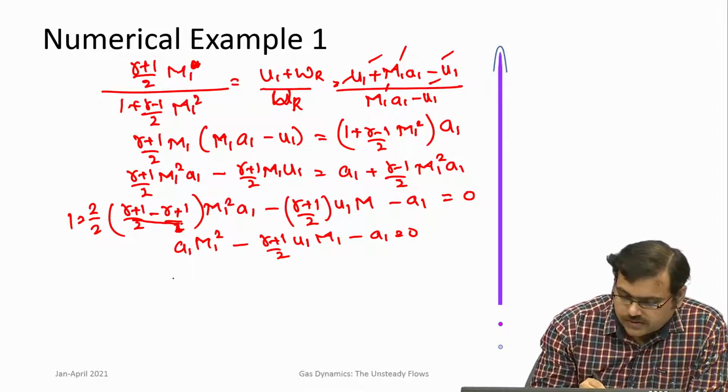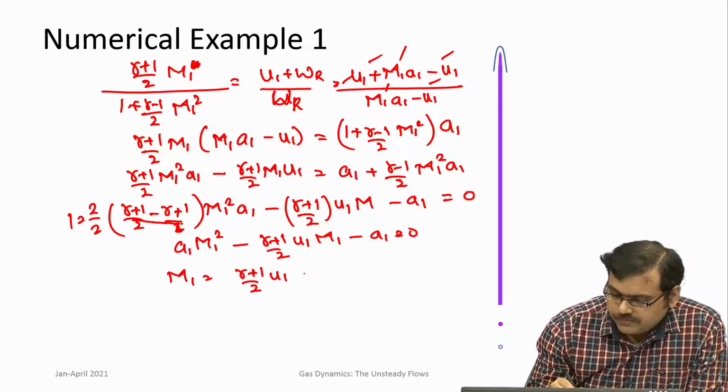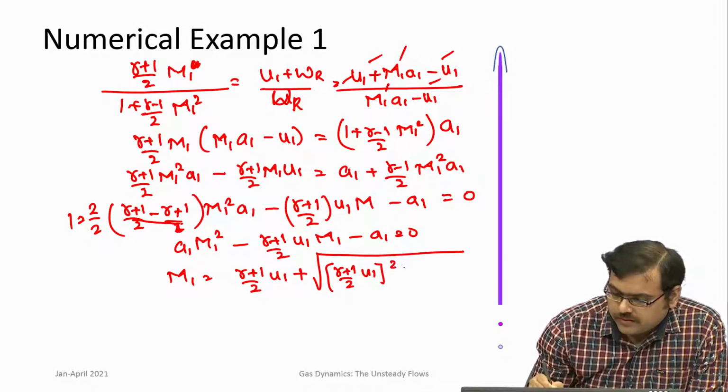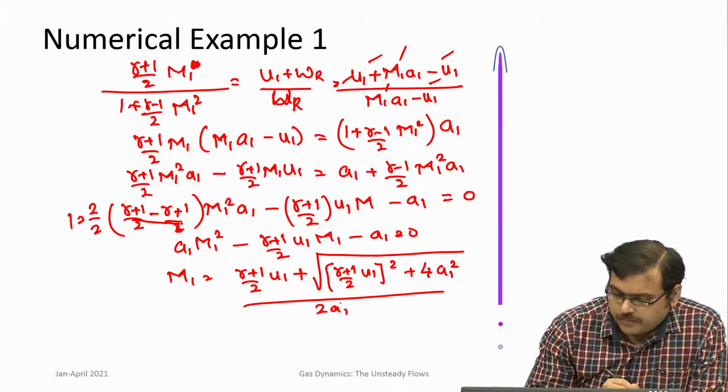Roots of this, so m1 is equal to (gamma plus 1) by 2 u1 plus square root of ((gamma plus 1) by 2 u1) whole square plus 4 a1 square, divided by 2 a1.